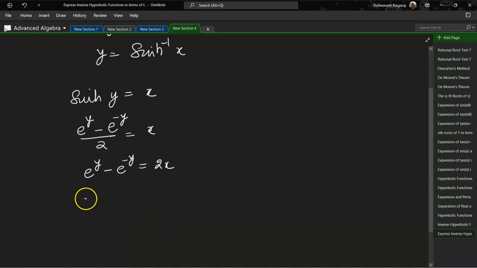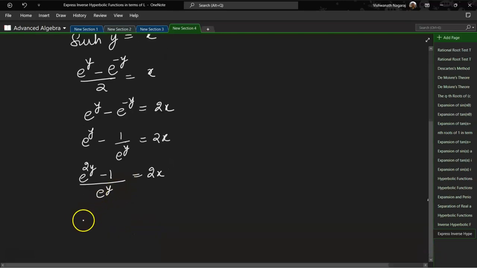Now we will write it as e to the power of y minus, and this we write as a fraction, 1 by e to the power of y, is equal to 2x. Okay, now we'll take LCM. e to the power of 2y minus 1 is equal to 2x e to the power of y.